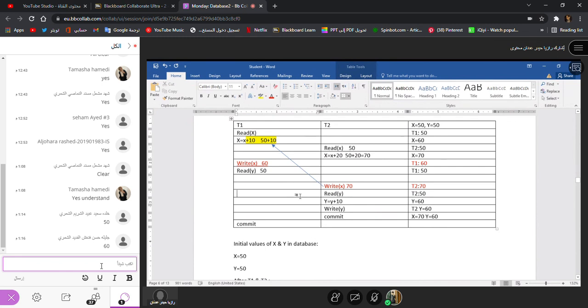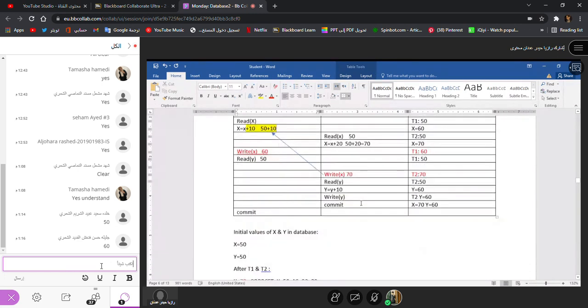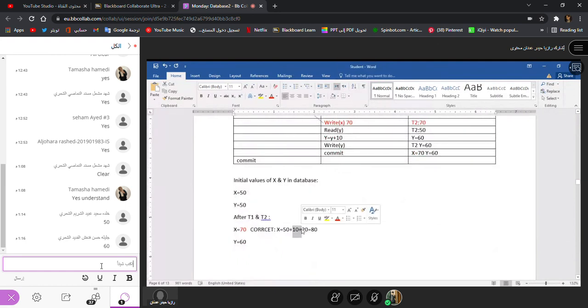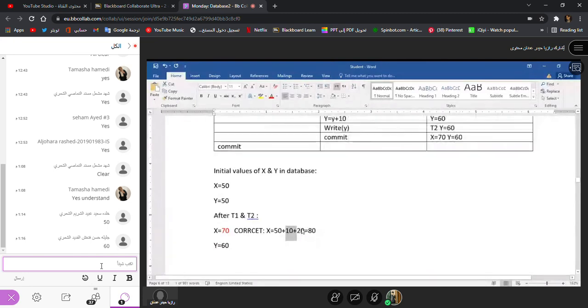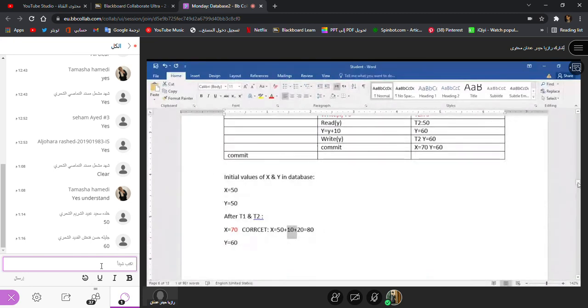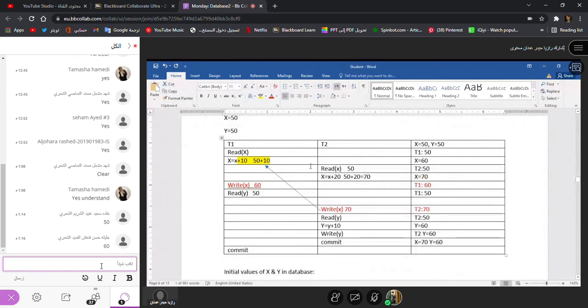Again, I'm saying that the initial value of x was 50, and the first time in transaction 1 we added 10. So 50 plus 10 is 60, and then again transaction 2 added 20 to that. So that will be 60 plus 20 is 80. We have two updates, 10 and 20.